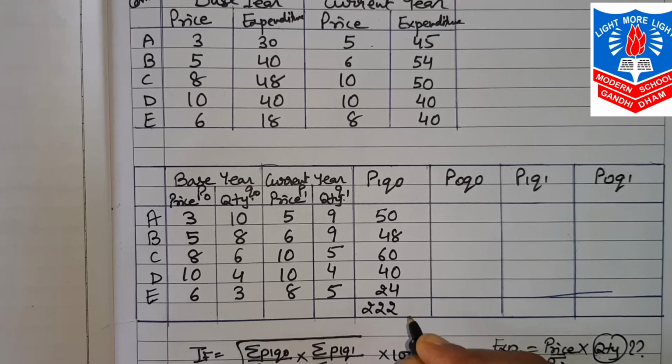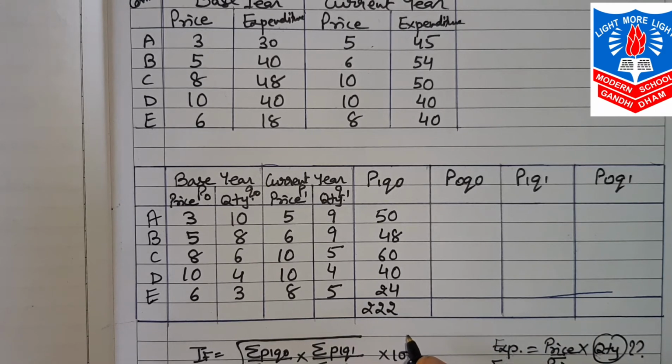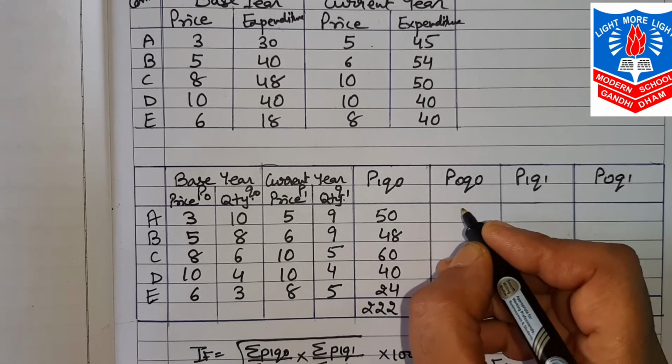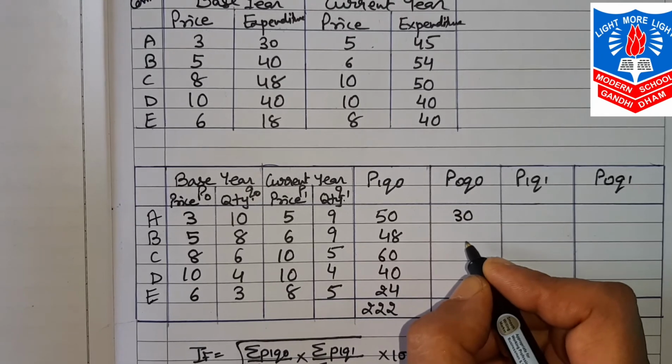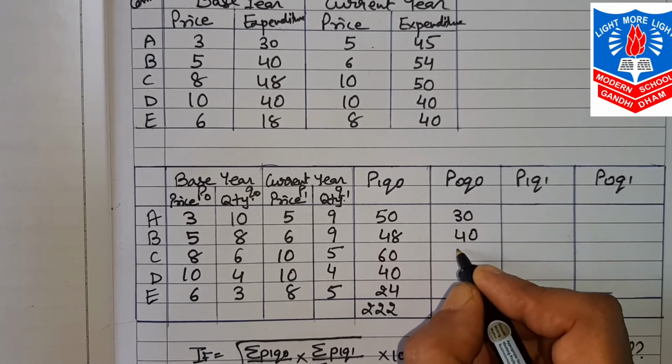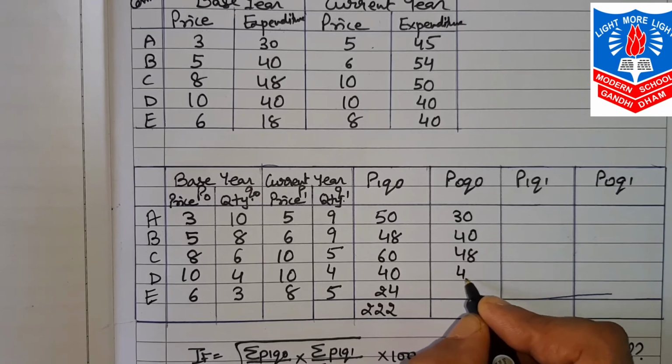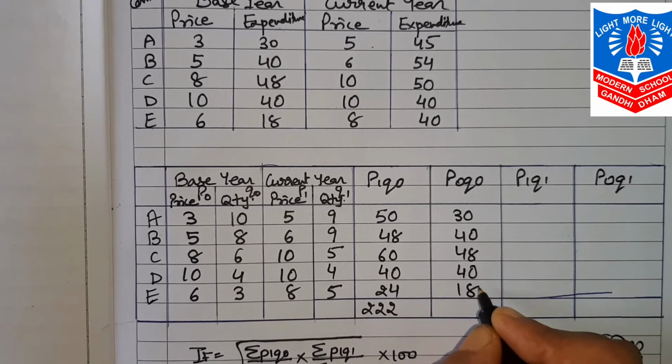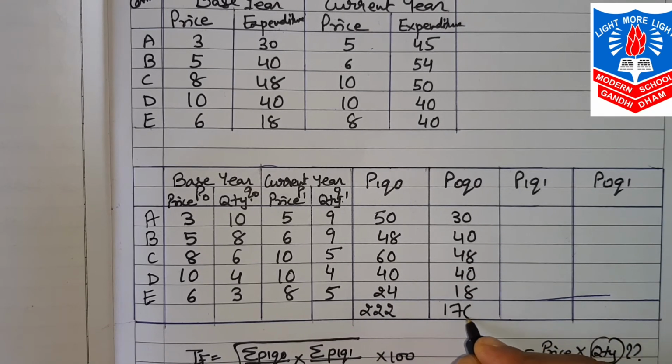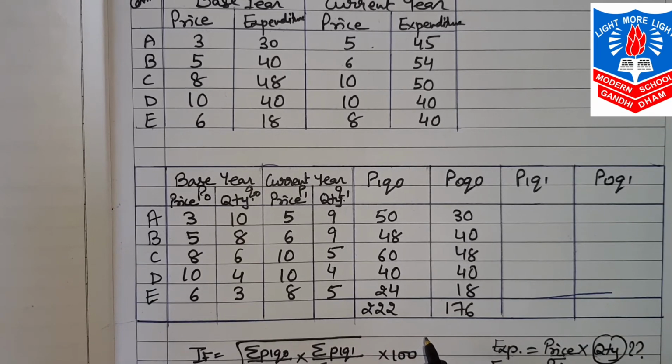Total of this comes to 222. Same way P0 Q0 is 30, 40, 48, 40, 18, which comes to 176.